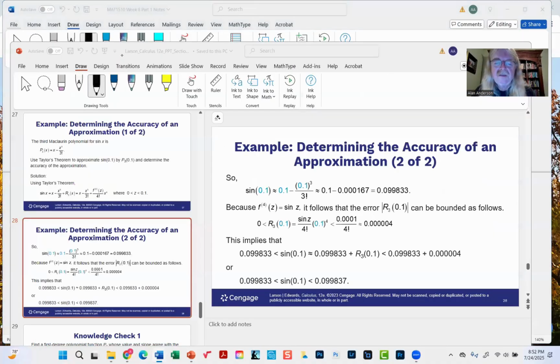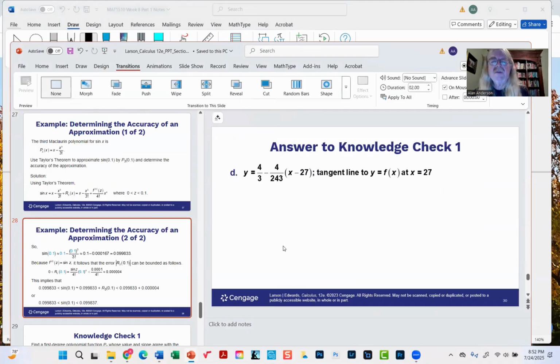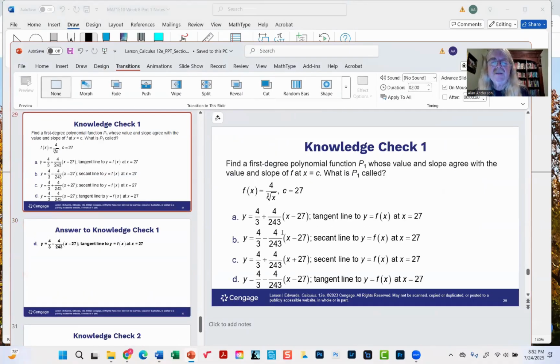So therefore, the error in absolute terms has a boundary of, first it must be positive.